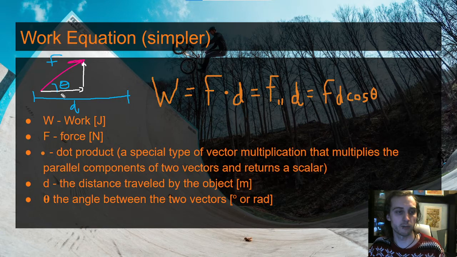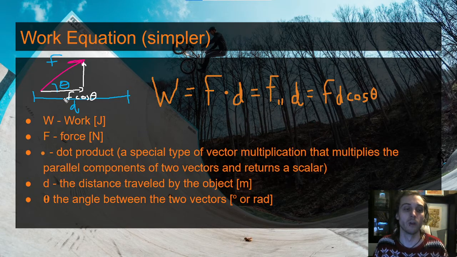If you want to find this component right here, this will be F times the cosine of theta. So F cosine theta will get you this component, which is the parallel component to the direction of travel. Multiply that by the distance, and you'll get your work.